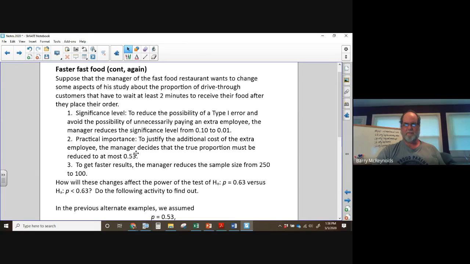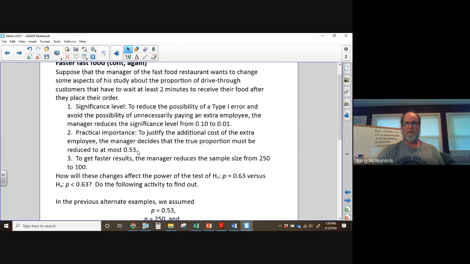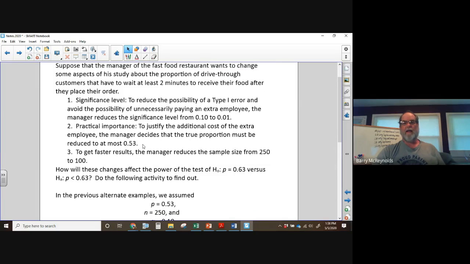So he wants to test, what happens if I do that? And by the way, instead of taking a random sample of 250, I'm going to just take a random sample of 100 because I can't wait another month to find out. Is this valid?